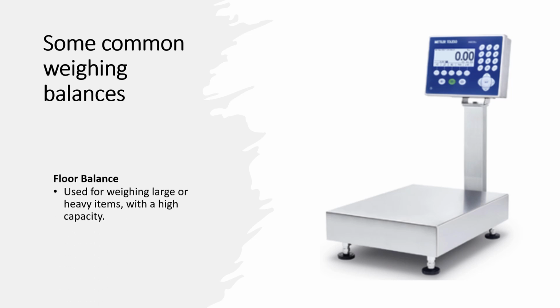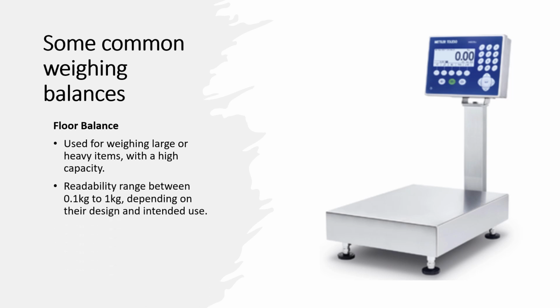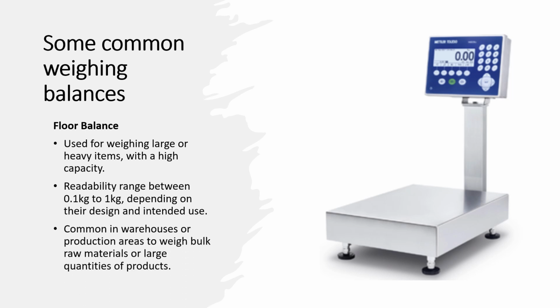Now the fourth one is the floor balance. This balance is used for weighing large or heavy items with a high capacity. The readability range for this balance shall be between 0.1 kilogram to 1 kilogram. Again, it depends upon the design and intended use. Such balances are commonly used in warehouse or production areas to weigh bulk raw materials or large quantities of products.